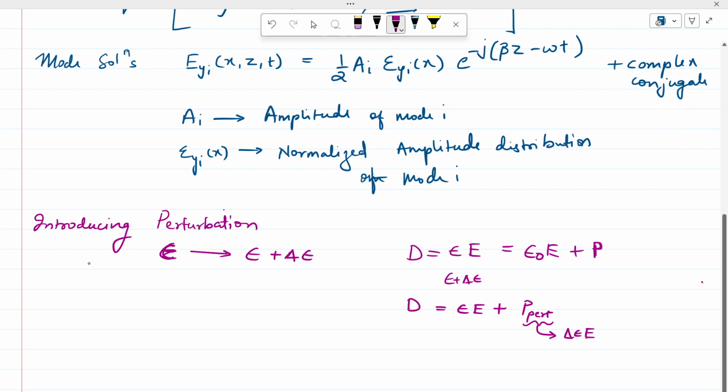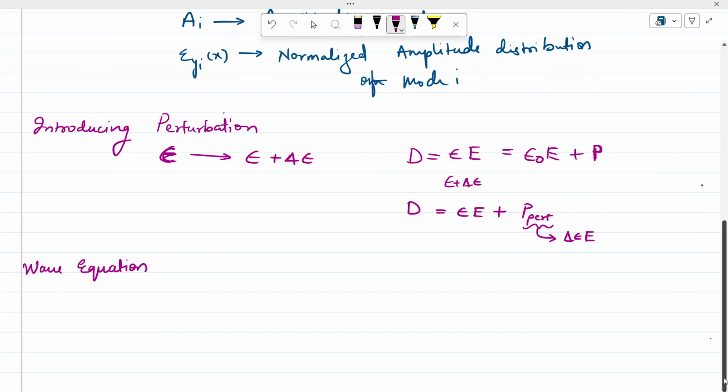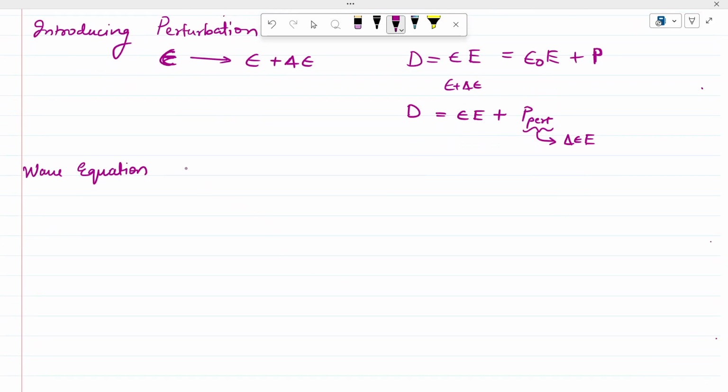Now how will my wave equation look like? So for the perturbed case the wave equation becomes, again del square Ey, there is no change in Ey, minus mu epsilon, where epsilon becomes epsilon plus delta epsilon.